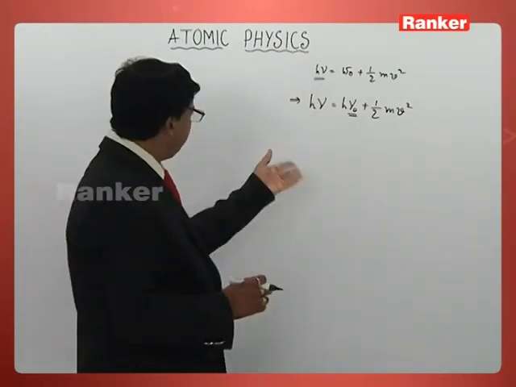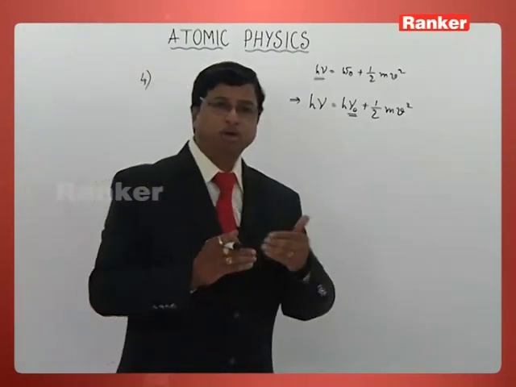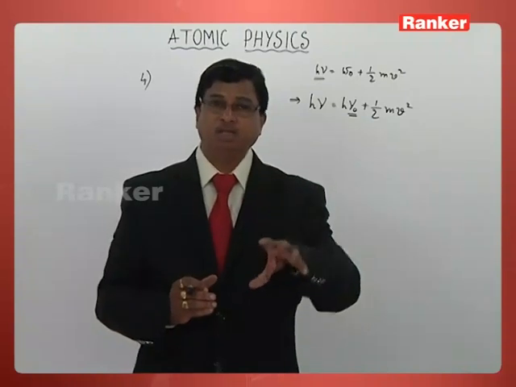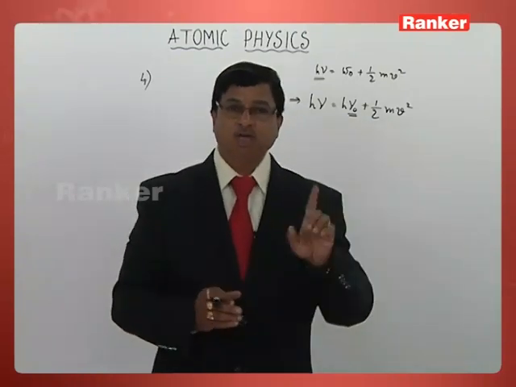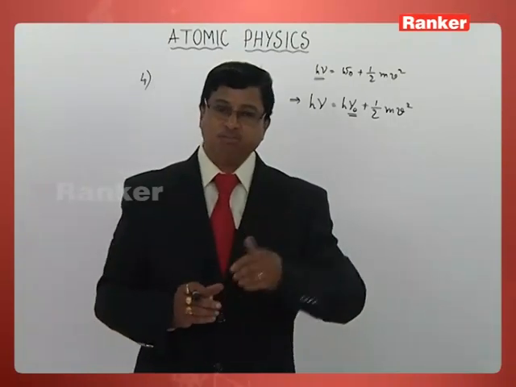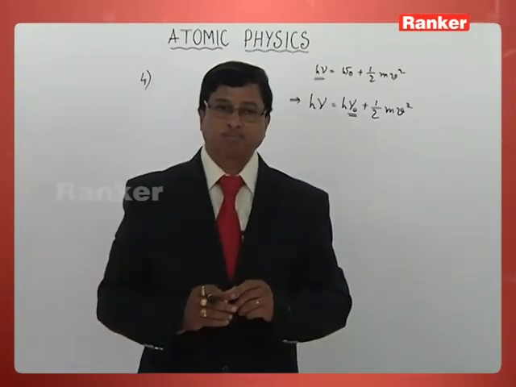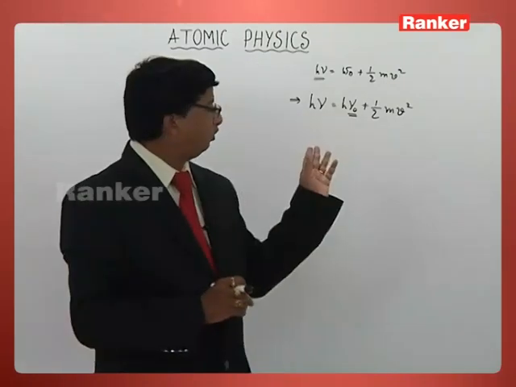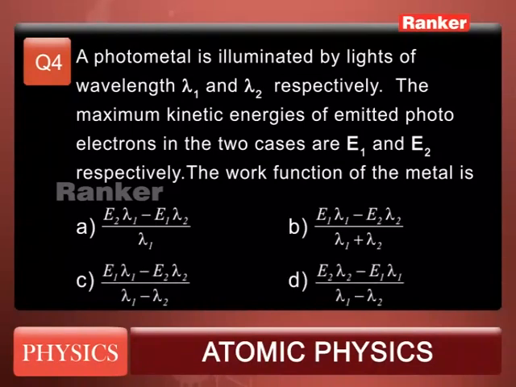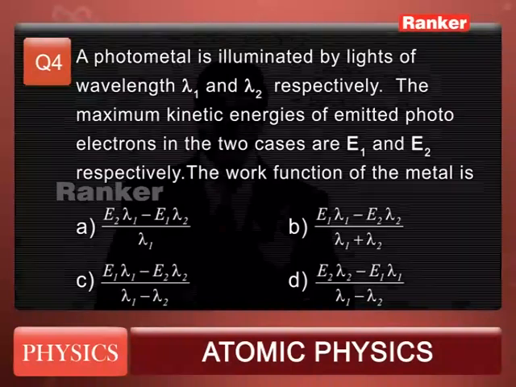So let us once again try. As we go from problem to problem, we may come across different ways of applying the same formula to solve each model question. Let us take the next one, problem number 4. It is based on photoelectric emission. Let me read out what has been given. A photometal is illuminated by lights of wavelengths lambda 1 and lambda 2 respectively.